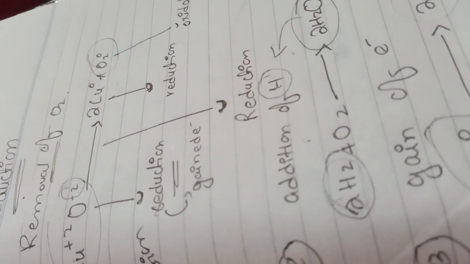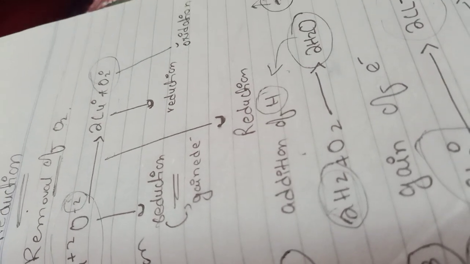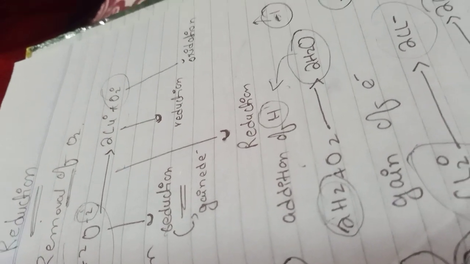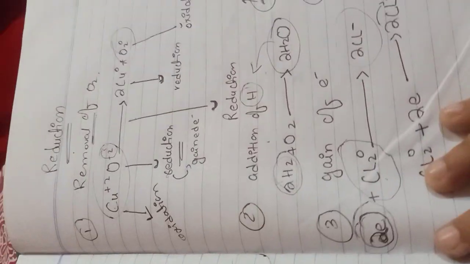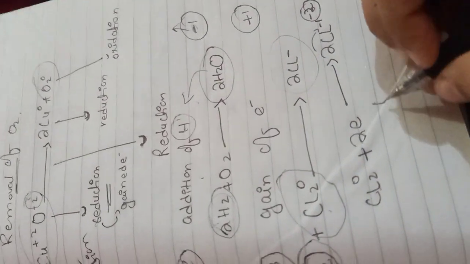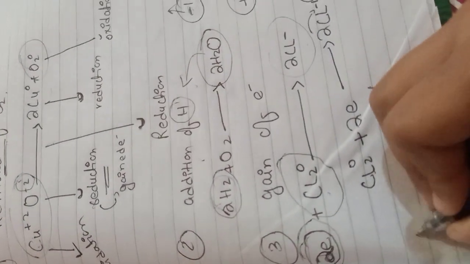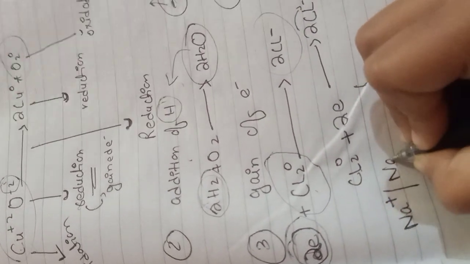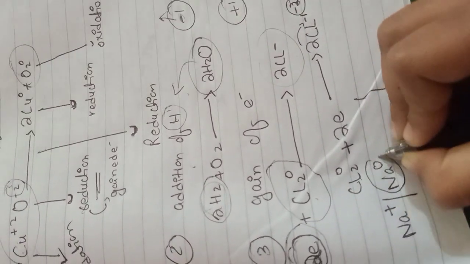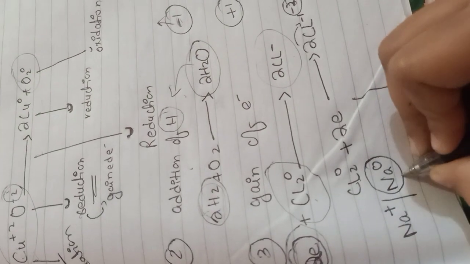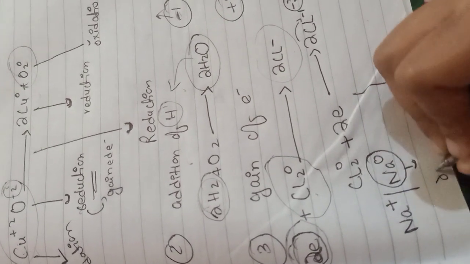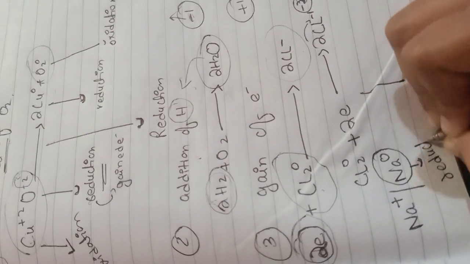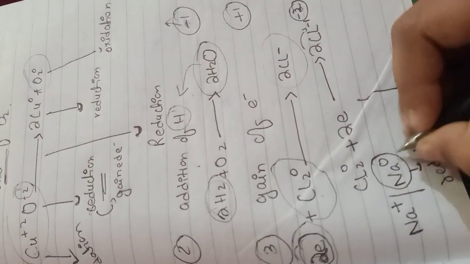Next, I'm giving you an example of reduction and oxidation, with sodium. This is showing reduction. Why? Because it has gained the electron.